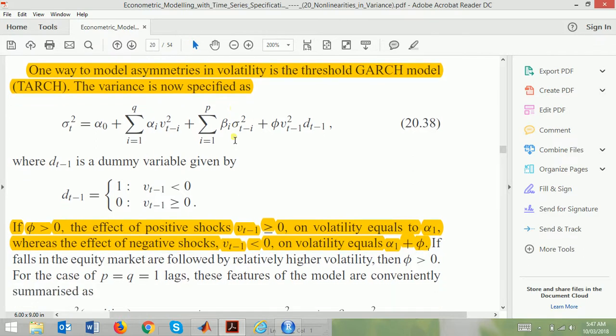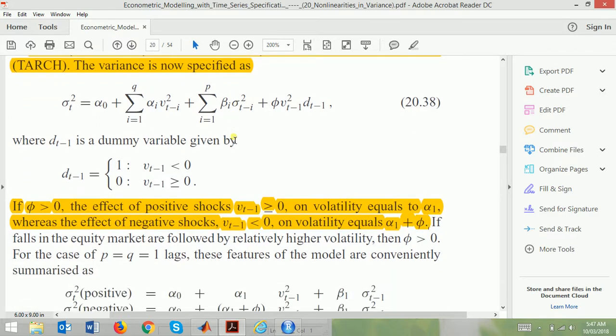If the lag variance is less than 0, which means it was negative, then it will be 1, and if your lag variance is positive, then it will take the value of 0. And when that happens, if your lag variance is positive, then you get alpha 1 as the positive shock.